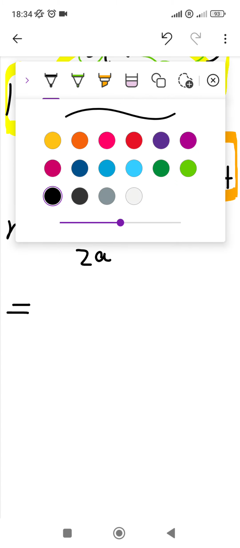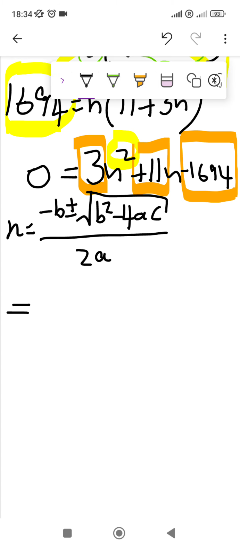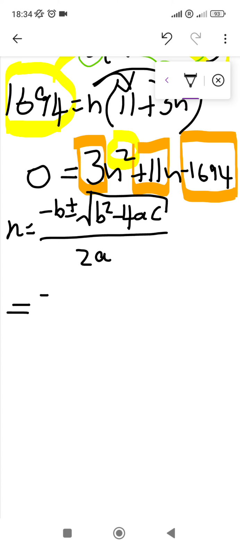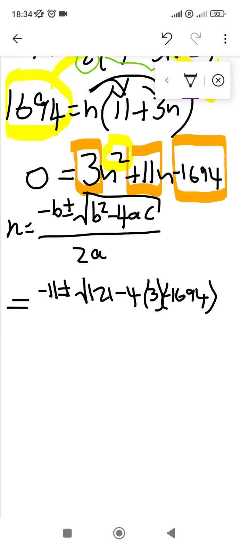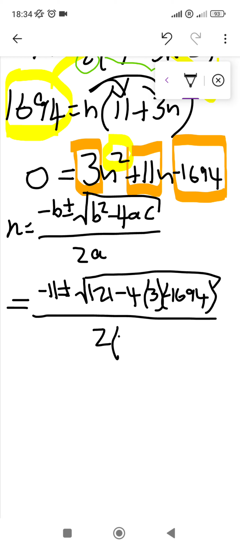Okay, let's go ahead and do our substitutions. So we'll say minus the 11 plus or minus the square root of 11 squared, which is 121, minus 4 times a, which is 3, and c is negative 1694. Okay, and all of this needs to be divided by 2 times 3.